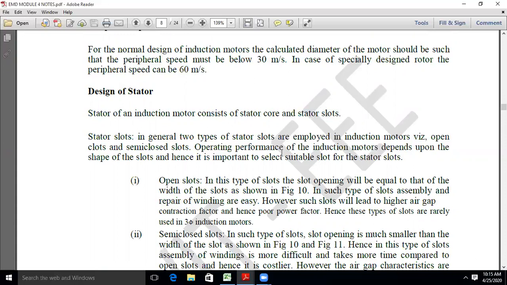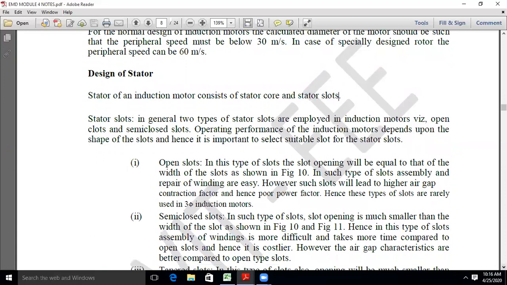The operating performance of the induction motor mainly depends upon the shape of the slot, and hence it is important to select a suitable stator slot. So we need to give importance to the selection of the slot. Now consider the open slot, how it would be.